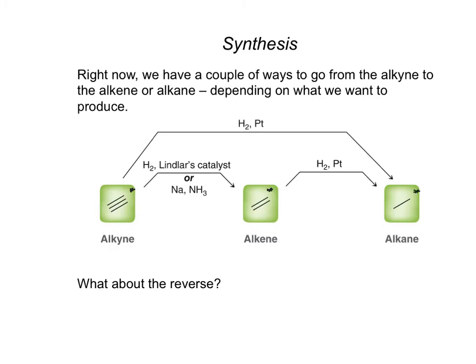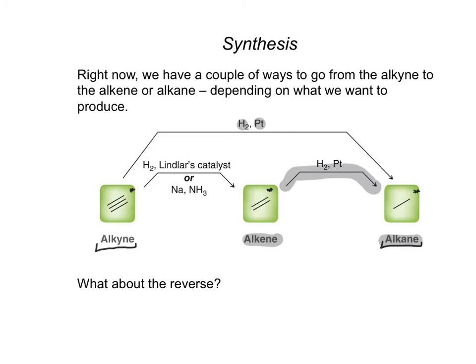So we talked at the very beginning of this chapter that if we have an alkyne and we want to fully reduce it to the alkane, we can do that, right? So we just need to take our alkyne and react it in the presence of hydrogen and platinum metal as a catalyst. That will give us full reduction to the alkane. We also know how to go from an alkene to an alkane using the exact same hydrogen and platinum metal.